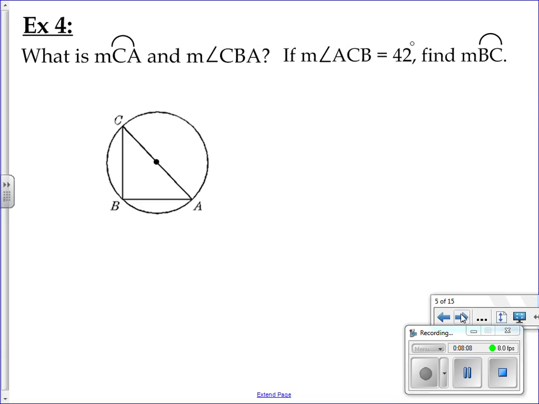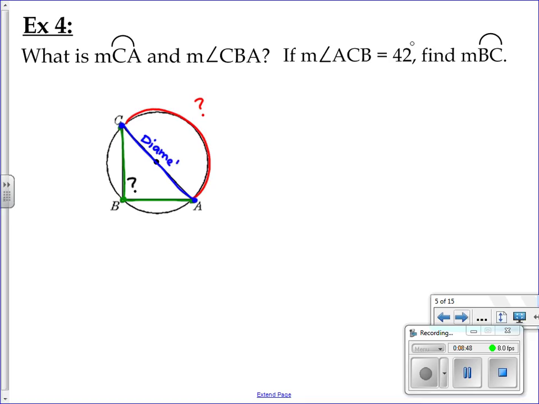Okay, example 4. So it says, what is the measure of arc CA and the measure of angle CBA? So let's just start there. So if you see, angle CBA is an inscribed angle, but it's one of those special scenarios that I mentioned in the very first slide, where the endpoints create a diameter.